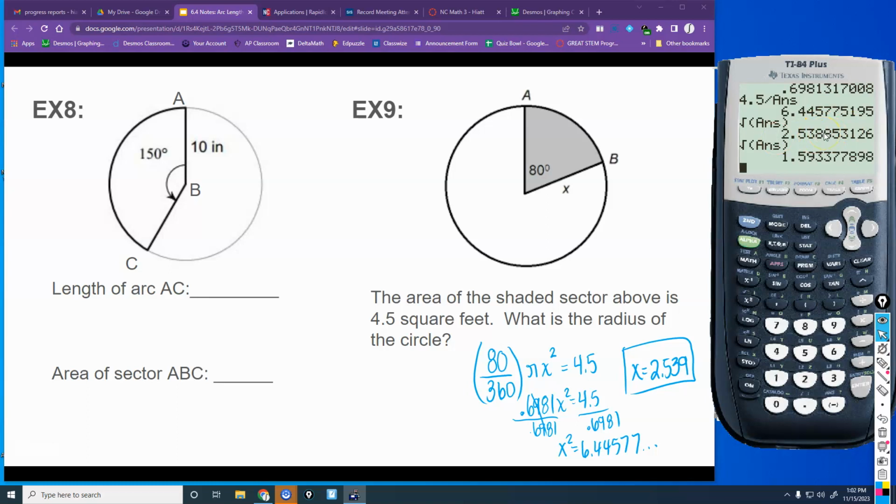So when you're doing that, you got to make sure you're doing it in order there. But the second and the negative key will pull the answer from the line before for you. So that's nice, so you don't have to type the whole thing in. Or you can just type the whole thing in. But don't round it off till you get to the very end. Or use Desmos. Any of those is fine. Okay? All right, questions?